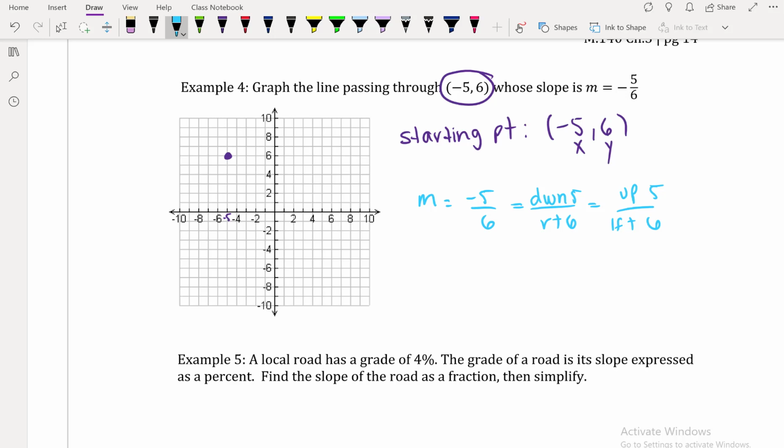I can go down 5 and to the right 6. I also could go up 5 and to the left 6. So we'd end up at the same place. And that's how you graph the line.